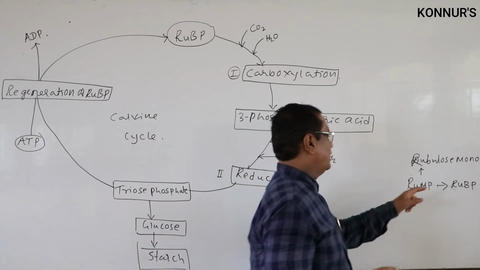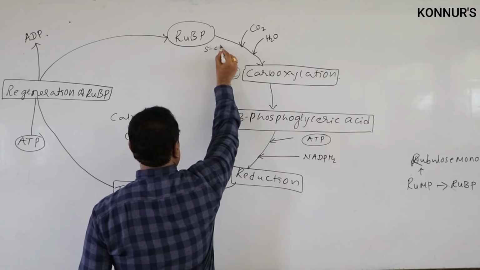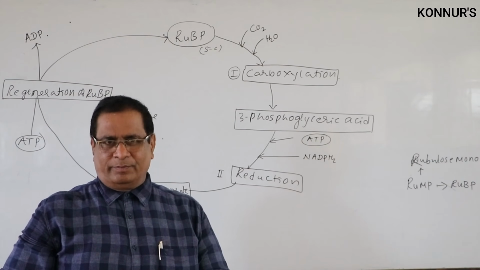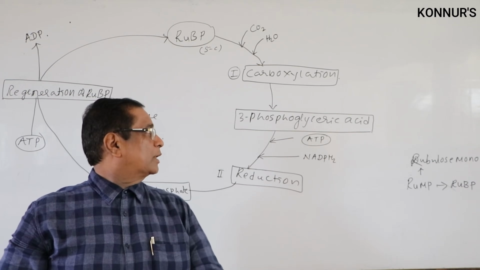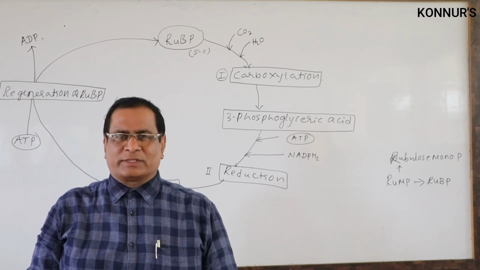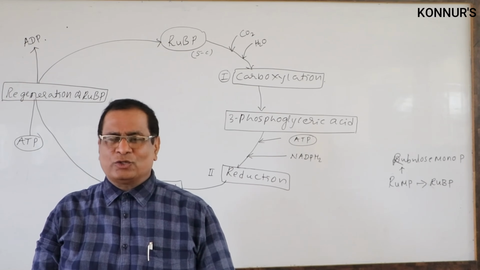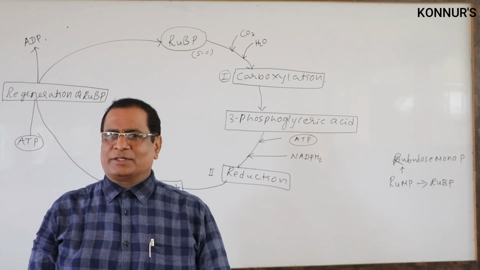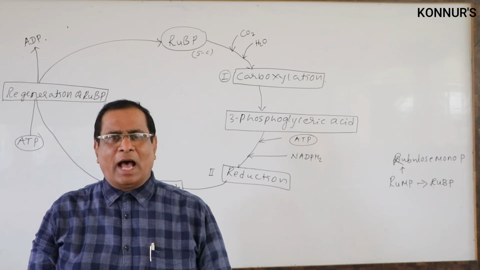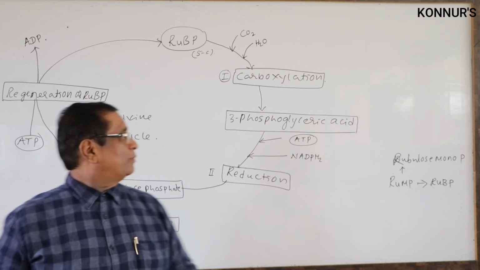And this RuBP is a 5-carbon compound having 2 phosphate groups. This is capable of fixing carbon dioxide in the dark reaction. There would be a NEET question: in the dark reaction, carbon dioxide is fixed by RuBP, ribulose biphosphate.